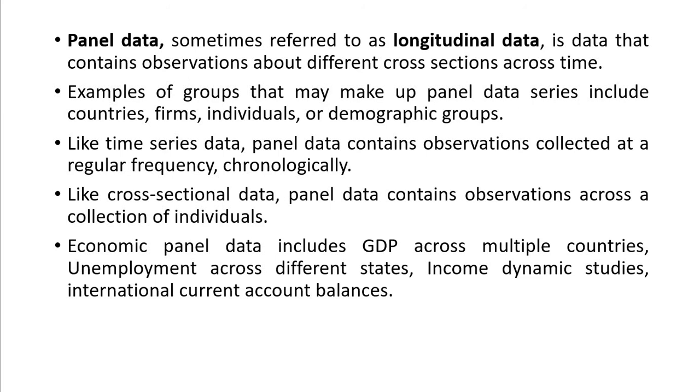So panel data is data that contains observations about different cross sections across time, just as I mentioned earlier. Panel data and longitudinal data are more complex when you compare them with the cross-sectional and the time series data.